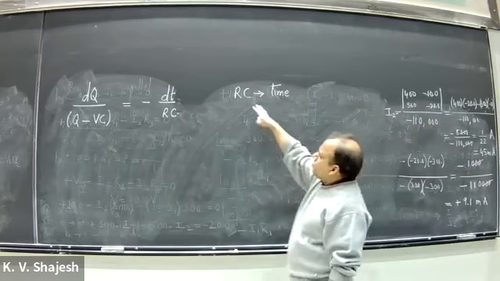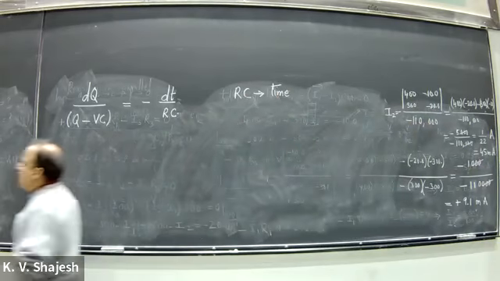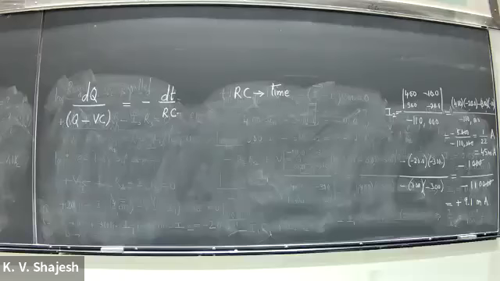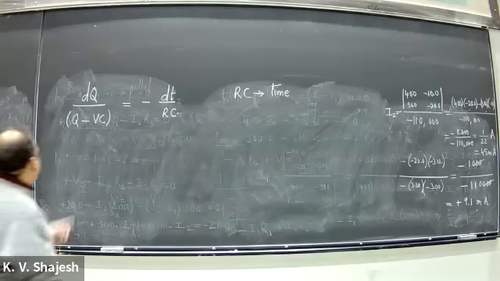And this is going to be our scale that will decide how much time it will take for the capacitor to charge. We are looking for how long it takes for the capacitor to charge. Immediately it is R times C in a sense of a scale. But there will be some interesting features in here. This is only a scale; this is not really the time that it takes.